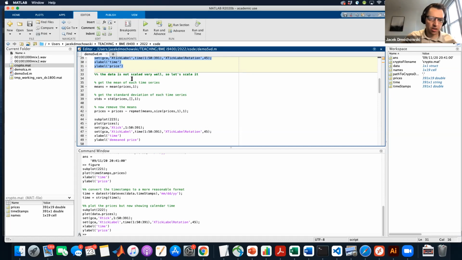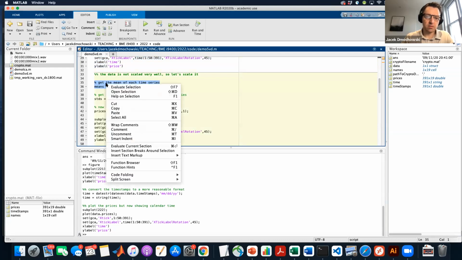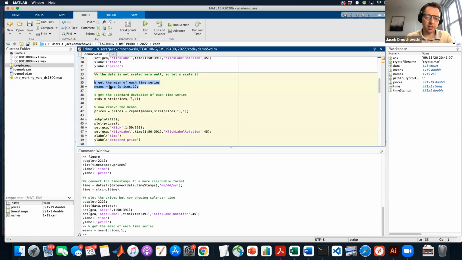So there's 2 steps that I'm proposing should be done to this data set. Step number one is to remove the mean from every time series. And so I'm going to execute this.